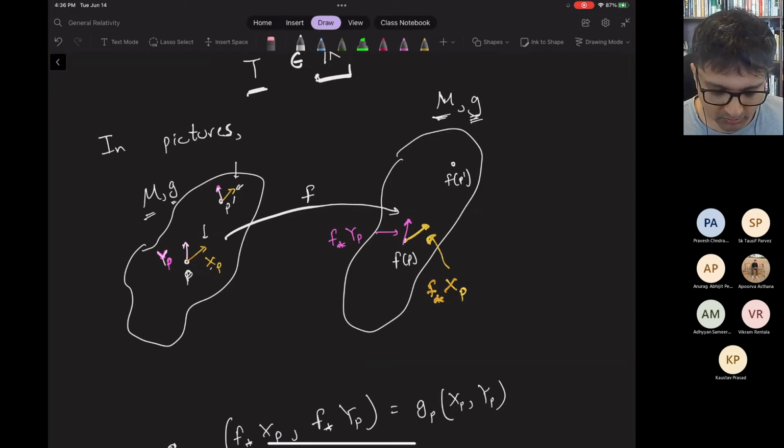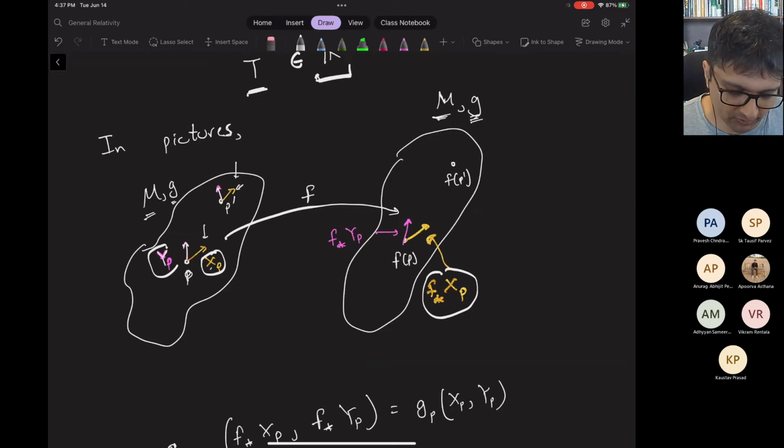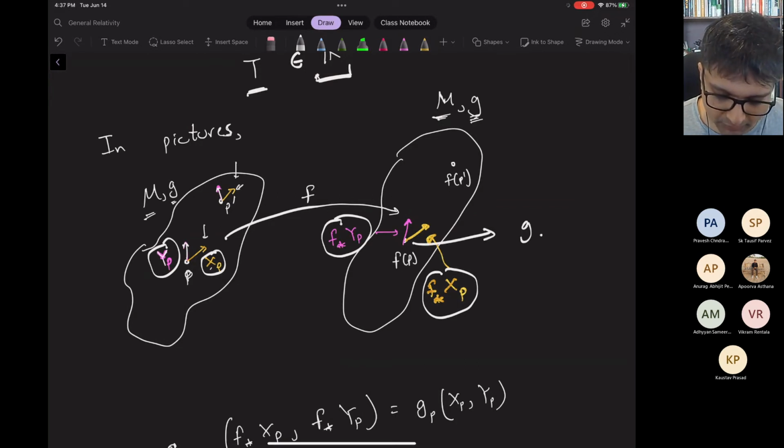And now what we do is we take the map F, which maps us from (M, G) to (M, G). Instead of taking X at the point F of P, we consider the push forward of this vector. The push forward of this vector is F star X of P, and the push forward of this vector is F star Y of P. We have a metric at this point, G of F. So we can construct the inner product of X_P, Y_P with the original metric G_P.